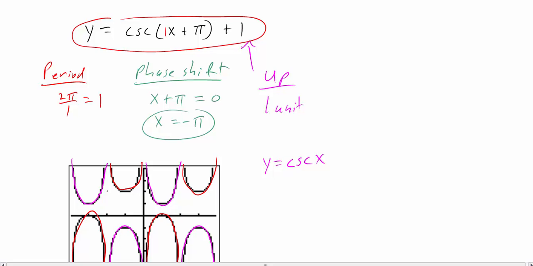So that's why here you can see that in the purple, the graph was here, but now everything's been moved up 1, so we can see that this point has now gone to here, so we can see how those points have changed. And whereas this point is here. And also it's been shifted, we can see here in the green, it's been moved a negative pi, so it's pi units to the left.